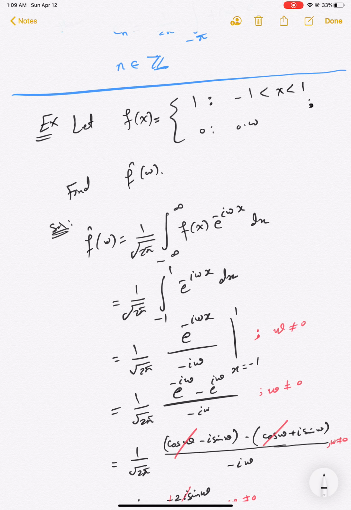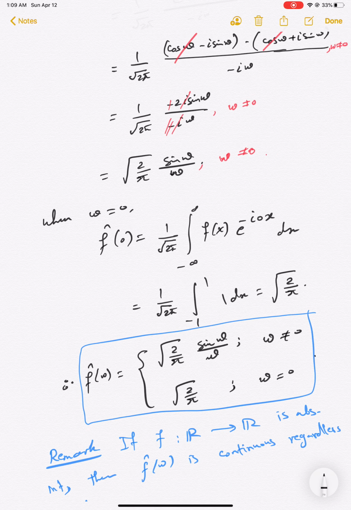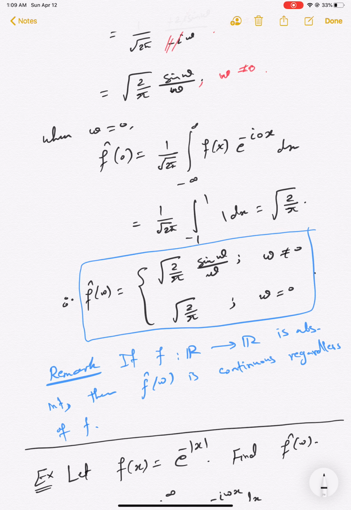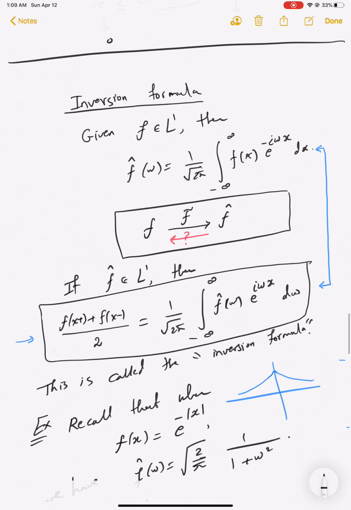Now we computed the Fourier transform, and it was this function here. And remember, at this stage, we went through all the details about this piecewise function and discontinuities. Then we mentioned that the Fourier transform is always continuous, okay?